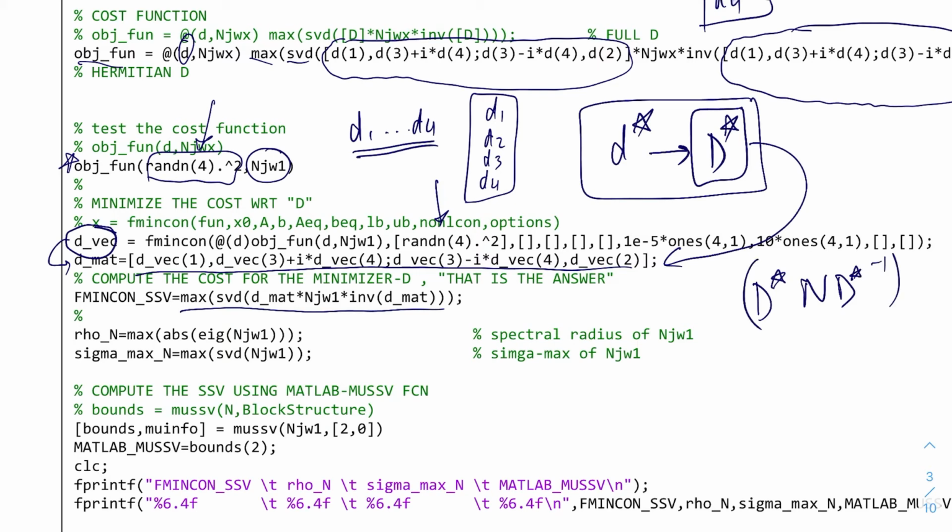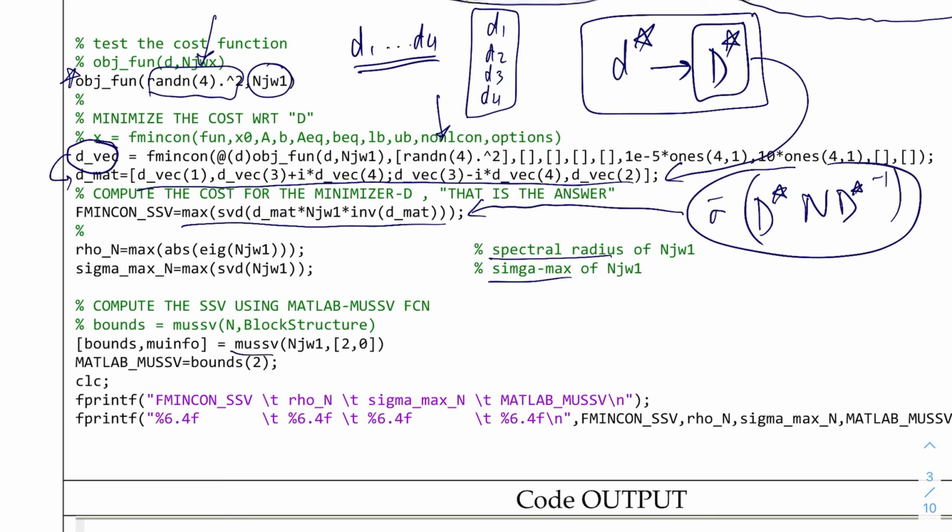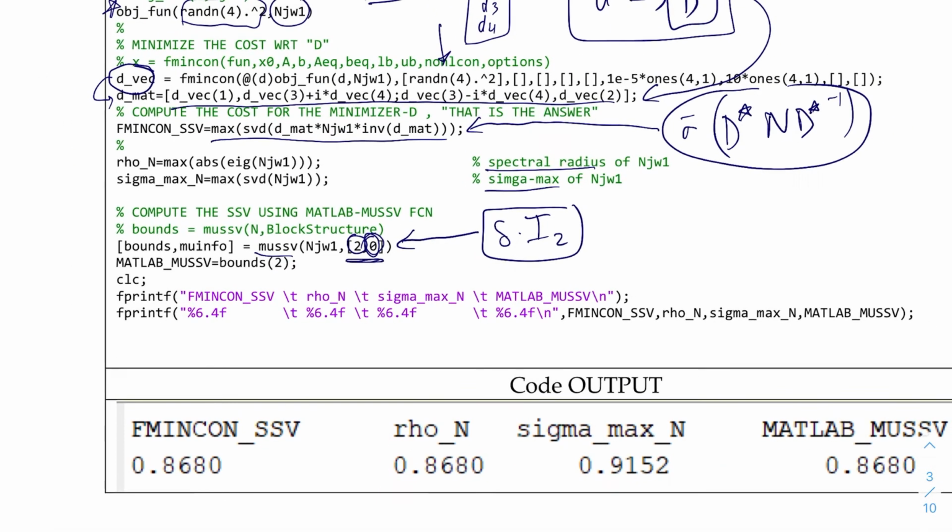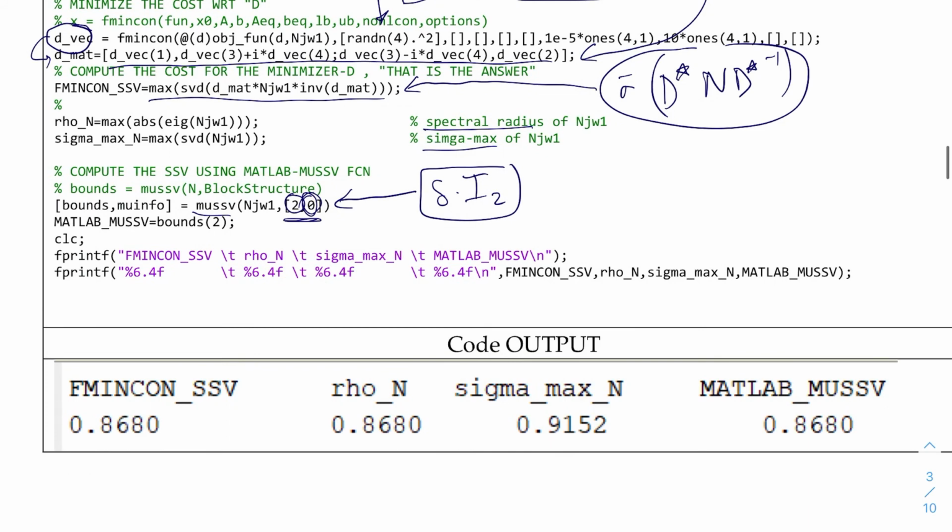Then compute the inverse sigma max. This line does that, again with the spectral radius and sigma max. The MATLAB mu SSV function takes 2, 0, which means that type of uncertainty: 2 by 2 repeating, and the next 0 indicates that it's a repeating diagonal uncertainty.